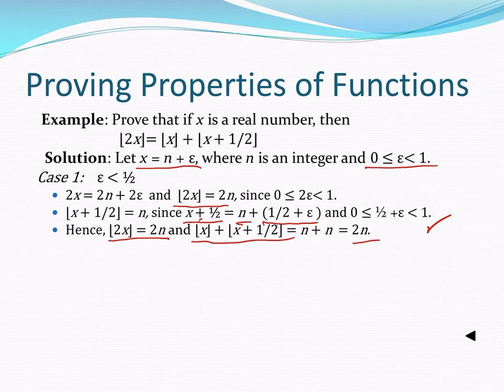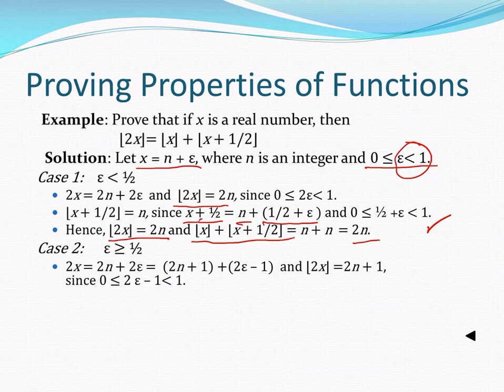Now let's take the remainder, the second case, which will be epsilon greater than or equal to 1/2. And remember, it'll still be strictly less than 1. All right. So let's take 2x again. If we have 2n plus 2 epsilon, and if I add and subtract a 1 to this, I get 2n plus 1 plus 2 epsilon minus 1.